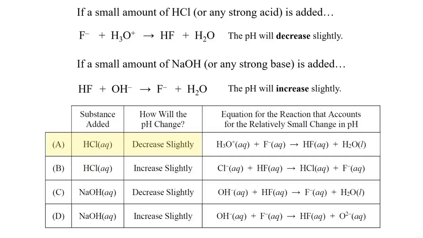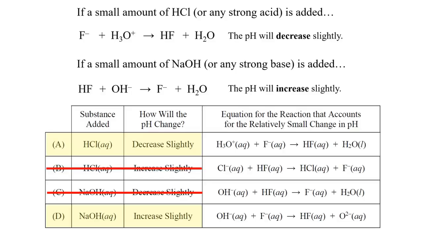The pH would decrease when a strong acid is added. So I can eliminate choice B. Moving on to choices C and D, we have sodium hydroxide, a strong base. We know the pH would increase slightly, but choice C says that sodium hydroxide would cause the pH to decrease. That's not true. We can eliminate choice C.